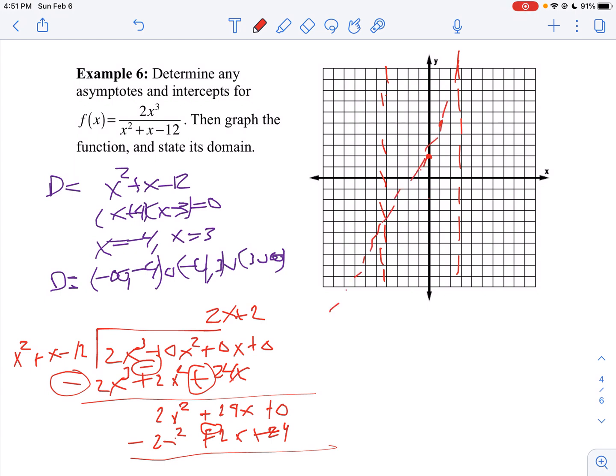And there's my oblique asymptote. I don't know why it didn't have that. I'm going to redo that. It looks kind of ugly.